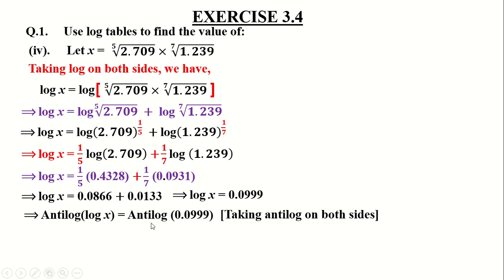Here in antilog, log and antilog cancel each other, and we get x in the next step equal to antilog of 0.0999. Finding the antilog, we use the antilog table, but before that, the value before the decimal point is the characteristic in antilog. This is the converse of this one.